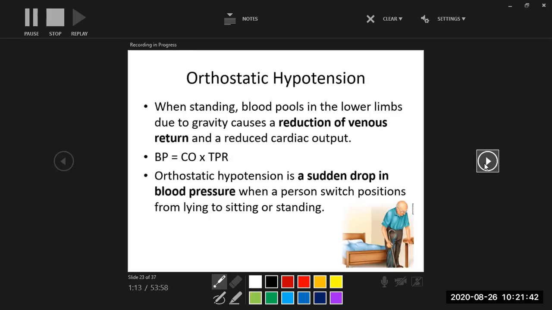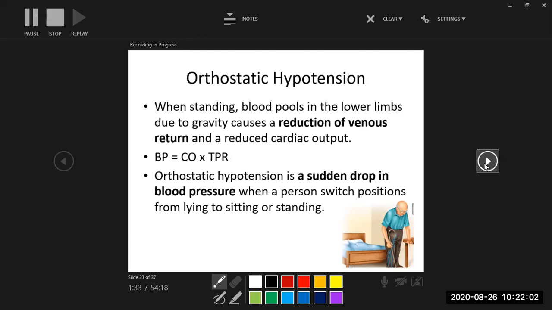And that will make the person lose balance and may fall. This is the condition called orthostatic hypotension, the low blood pressure due to the sudden change of posture.